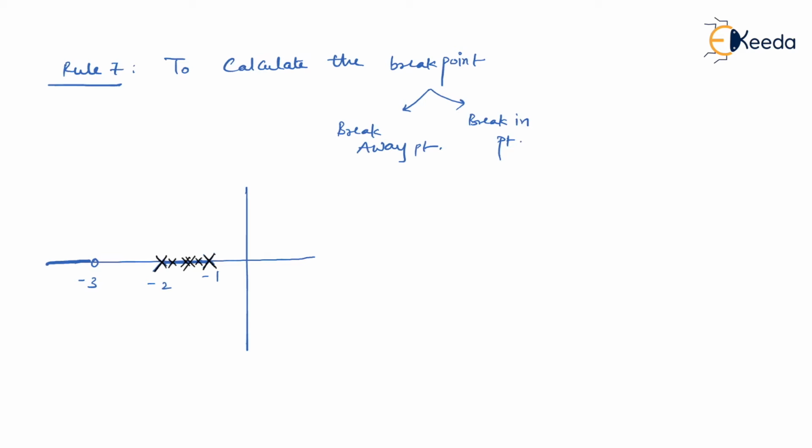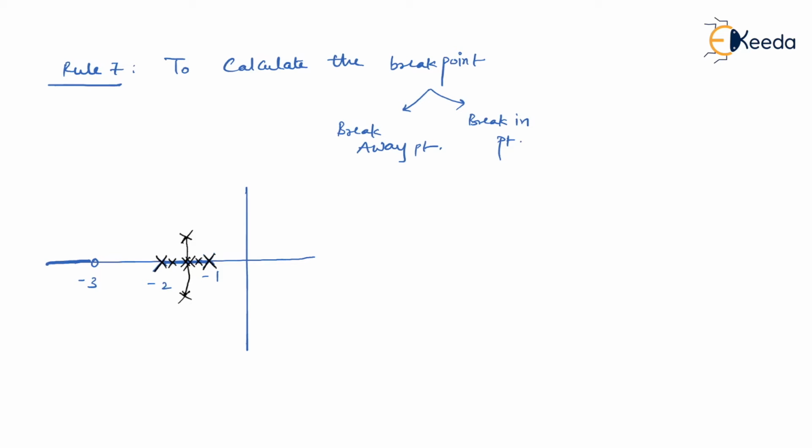Once they collide, they leave the real axis, that is, one of the poles leaves the real axis in this direction and the other pole leaves the real axis in this direction. So like that we get this kind of locus. So definitely at a particular point on the real axis, the root locus is leaving.